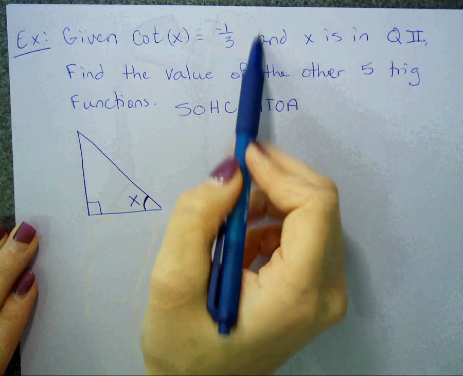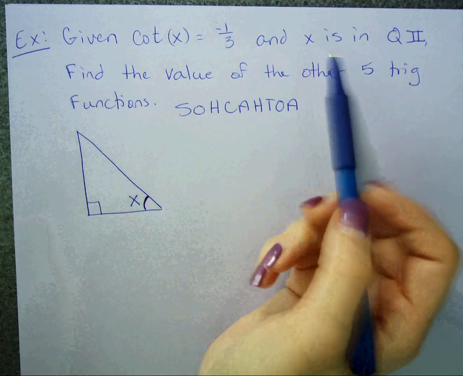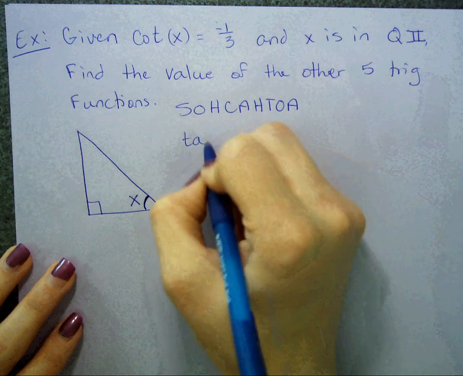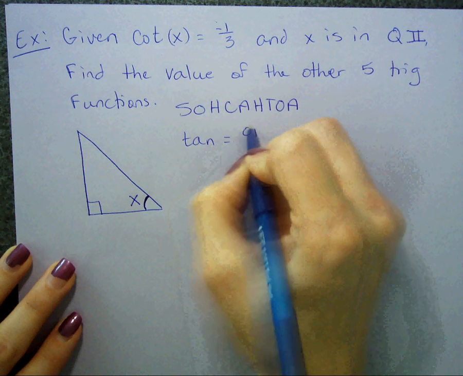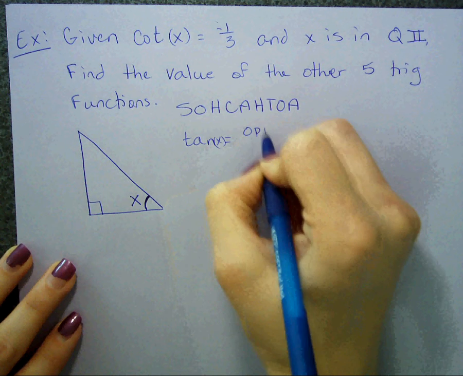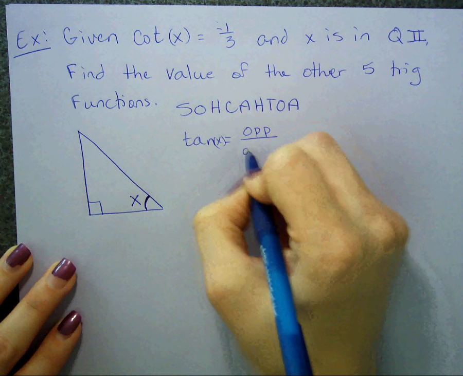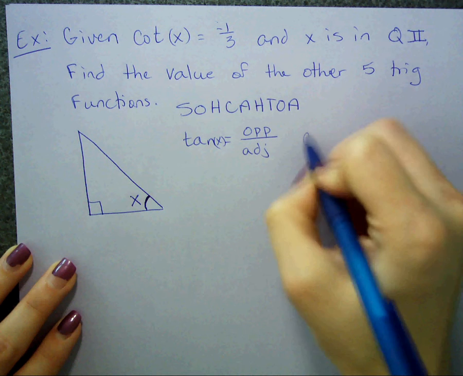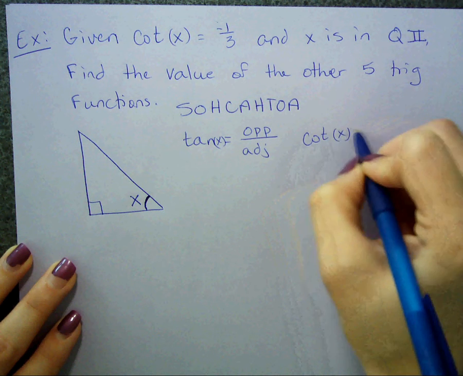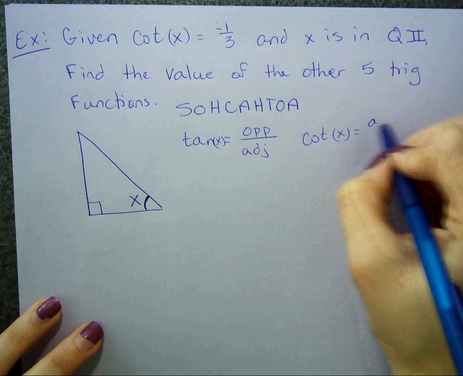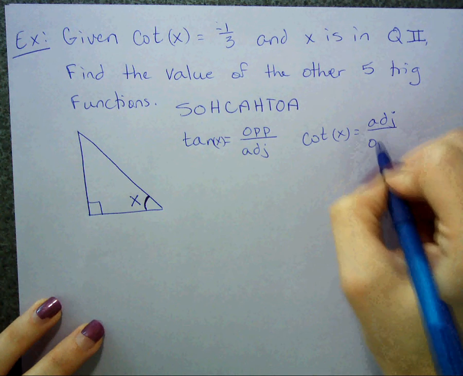But I'm given cotangent. Cotangent, remember, relates to the trig function tangent. Tangent of x is equal to the opposite over the adjacent. So cotangent is the reciprocal of that. It's adjacent over opposite.